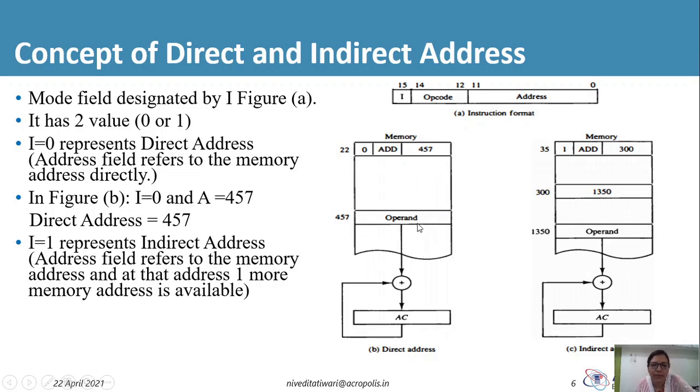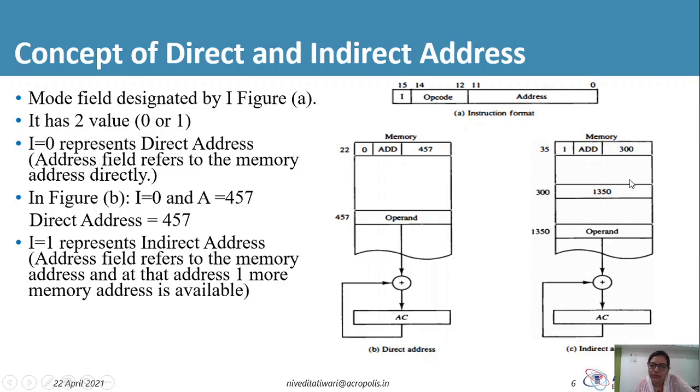Its corresponding value is the operand value. In case of the indirect address, the mode bit field has the value 1, and the address field value available in the instruction here is 300.